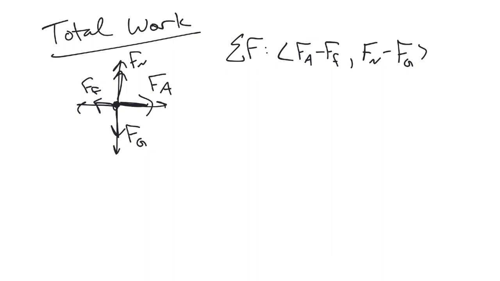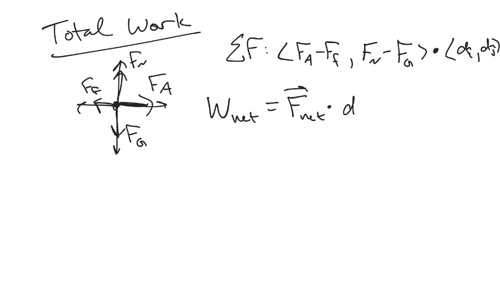Okay, so that's your force vector, and then you would dot that with your distance vector, whatever your distance in the i direction and distance in the j direction is. You do the dot product there. So you could find the sum of forces and say the work total, or the work net, equals the net force dotted with the distance.